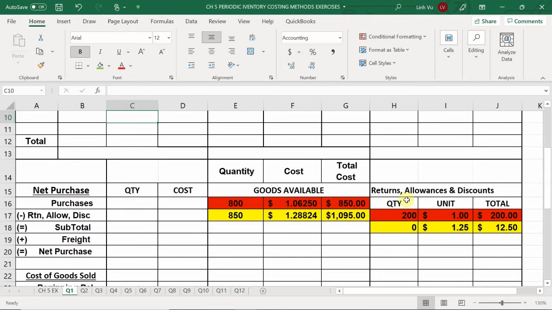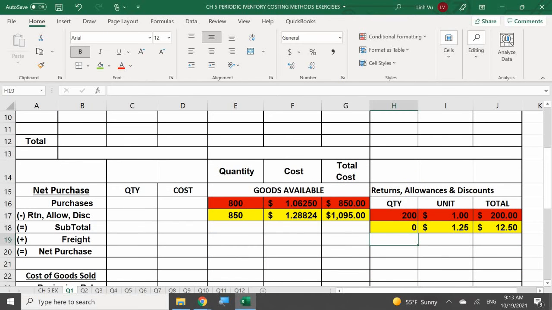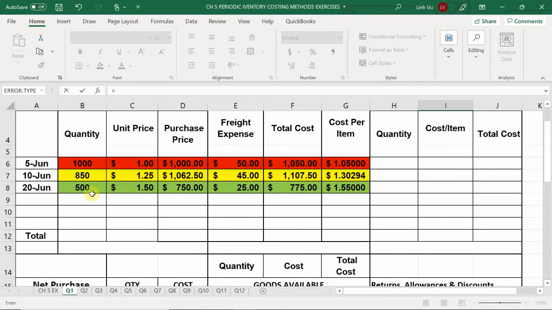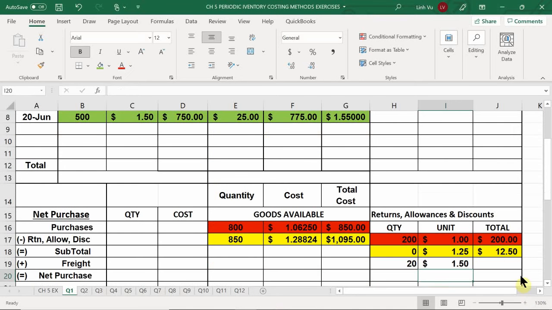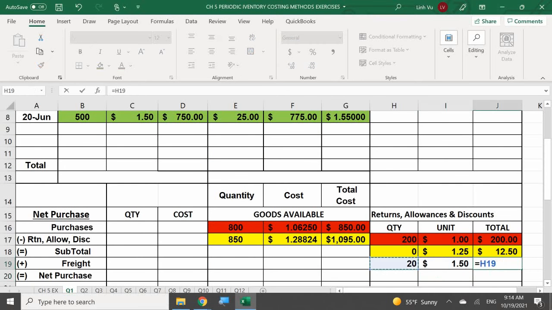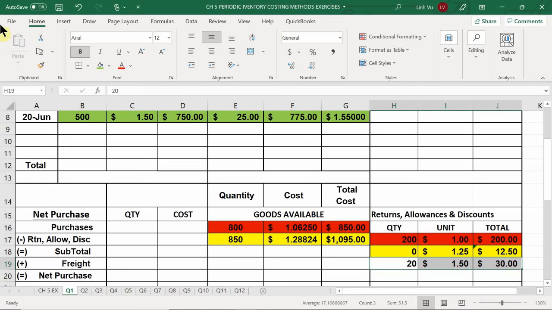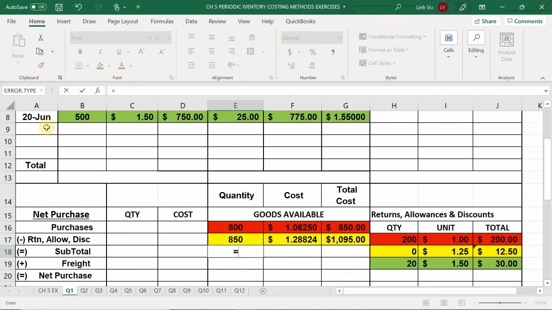So now I end up actually returning 20 toys, right? And because we're assuming it's our third batch of inventory, it's going to cost me $1.50. So in this case, I got a refund for $30. So once again, this is my green batch of inventory. So now I need to transfer this in here because now I no longer have 500 items anymore, right?